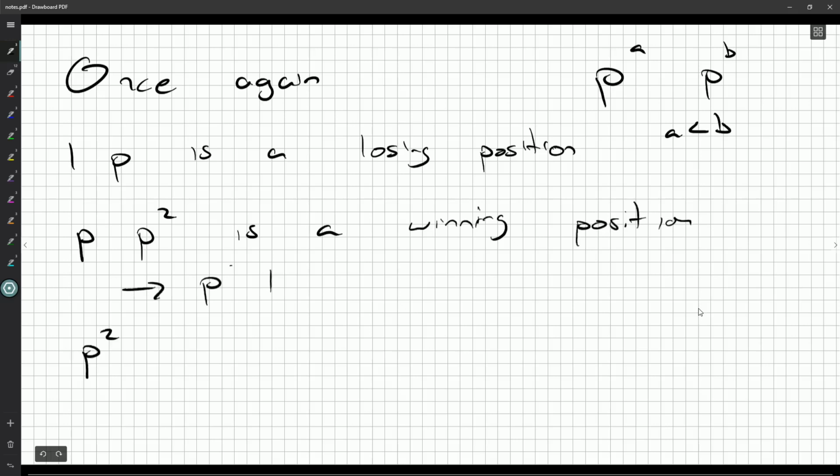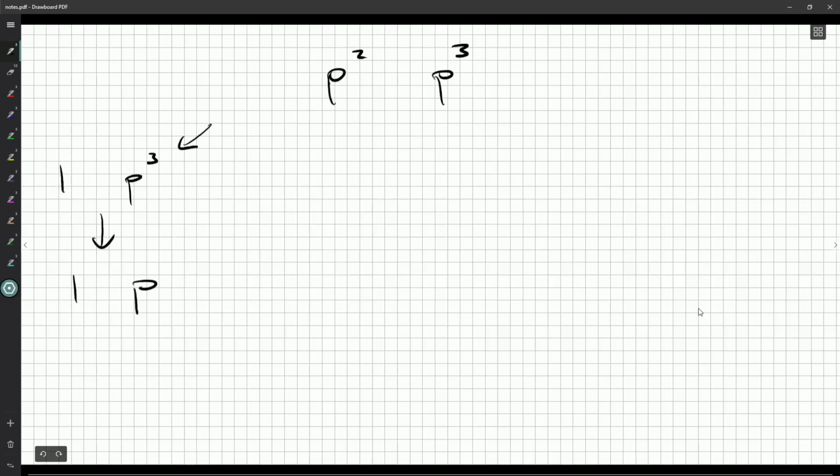How about p squared p cubed? Well, didn't we just talk about that? Is a losing position. Because what could happen? Well, p squared p cubed, what could I do? I could turn this into 1p cubed, and then they'd go with 1p, because there's no way p has already been played.